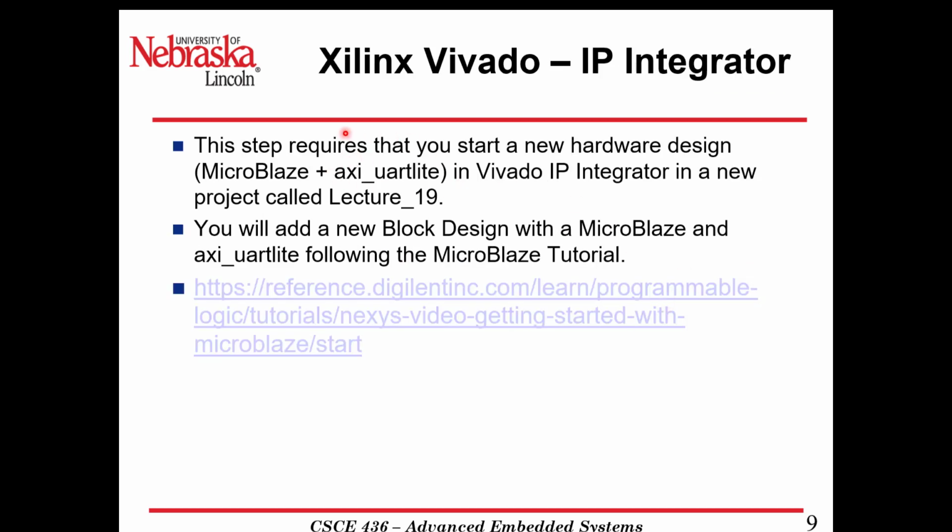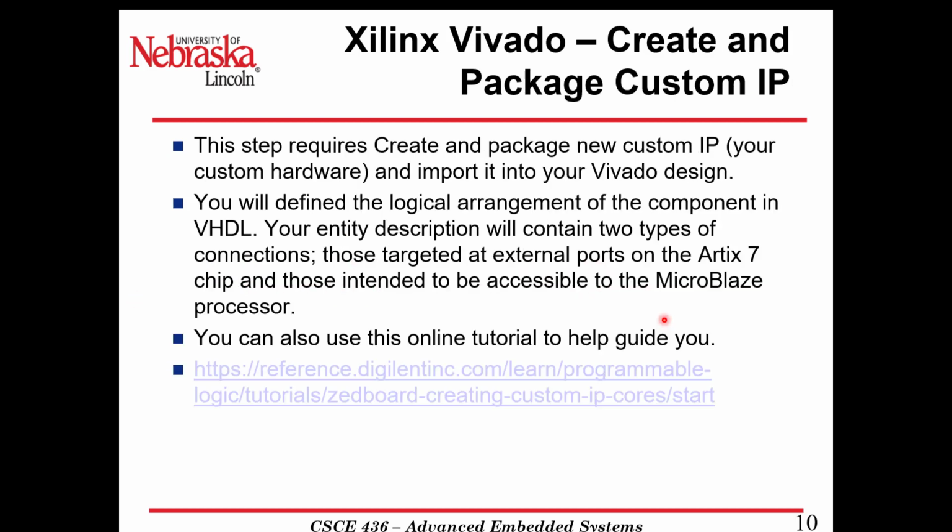So we're going to import it into our lecture 19. We're going to add that in. So we already have our MicroBlaze and AXI UART light set up for us, which we already did. Now we're going to create and package our new IP and import it into our design.